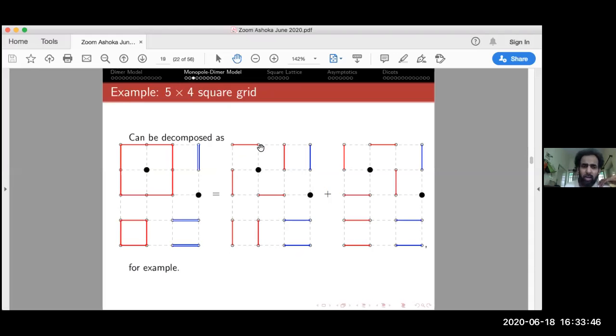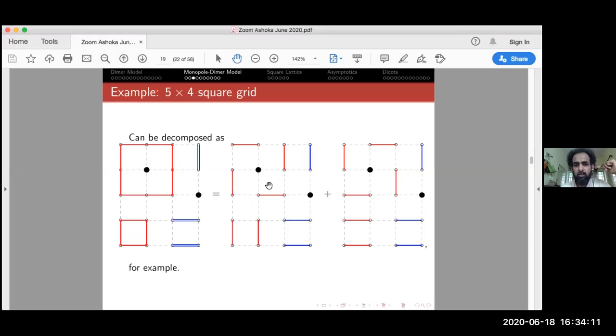So why is this a generalization? Just like for the dimer model, you can decompose such a configuration into a bunch of monomer-dimer configurations, where no dimer is adjacent to anybody else.